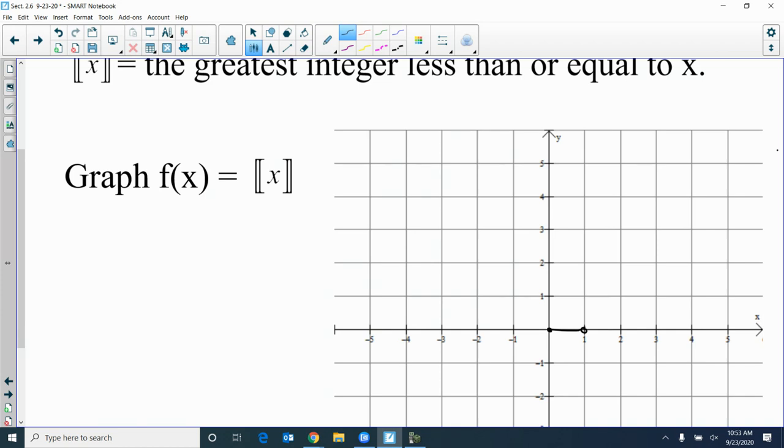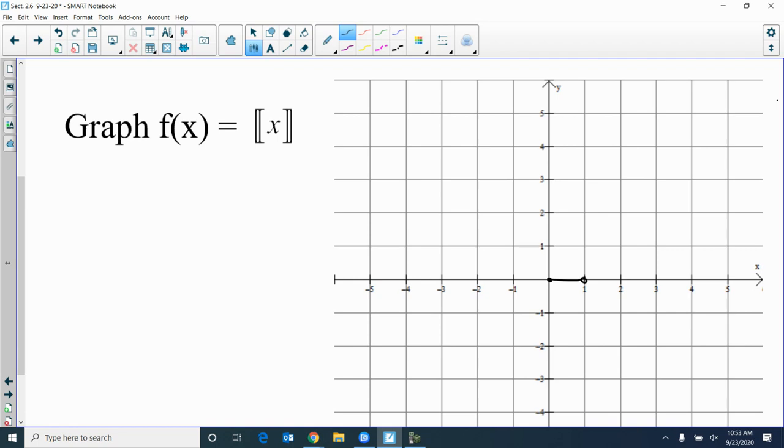Okay, and then at 1, it starts at 1, 1, and then there's an open dot at 2, 1. And then it looks like this, and then the same pattern. We'll go with the negatives.